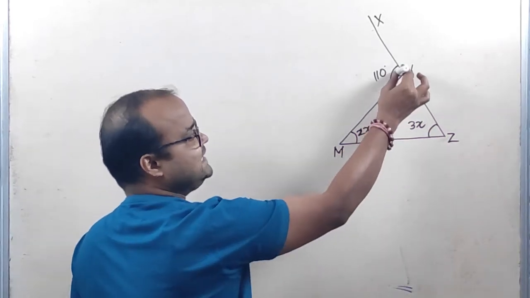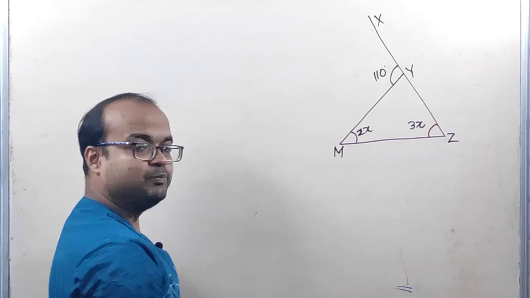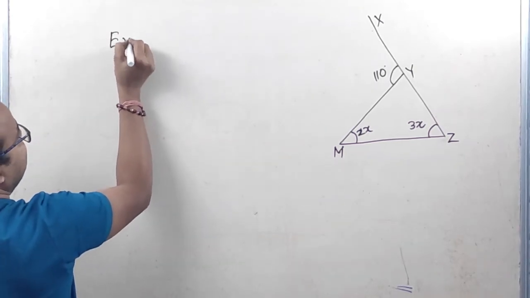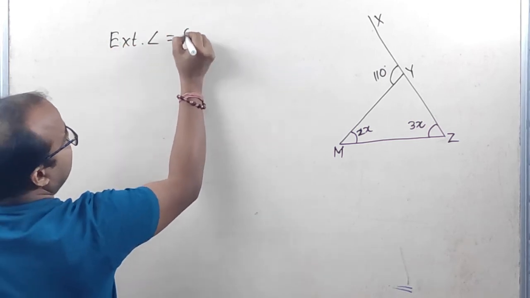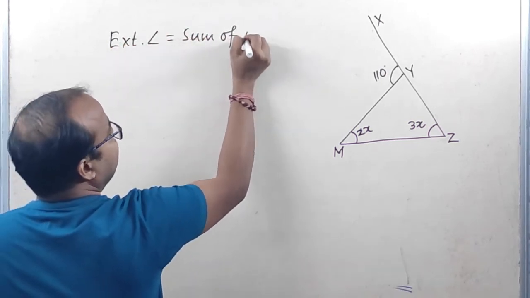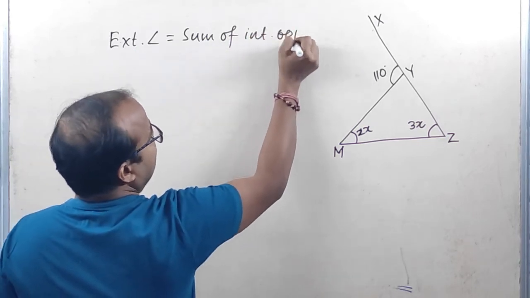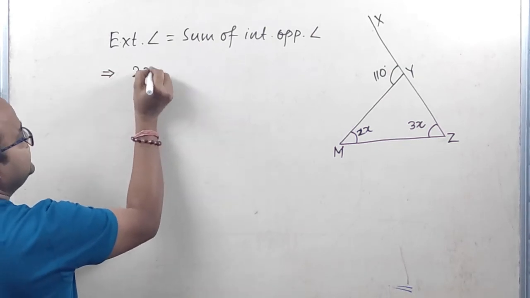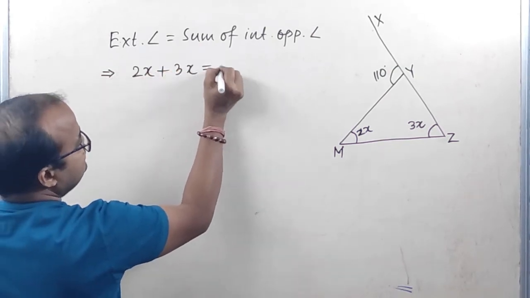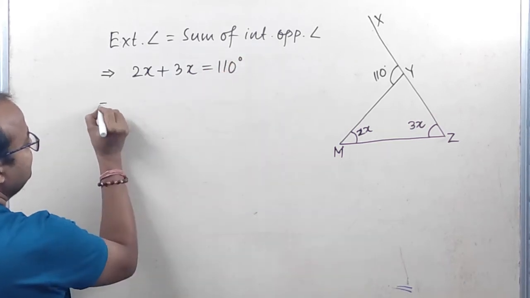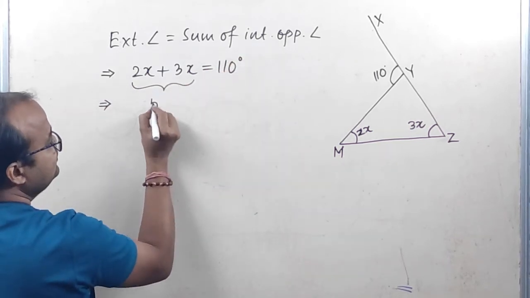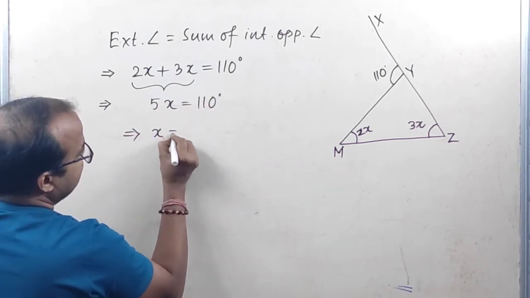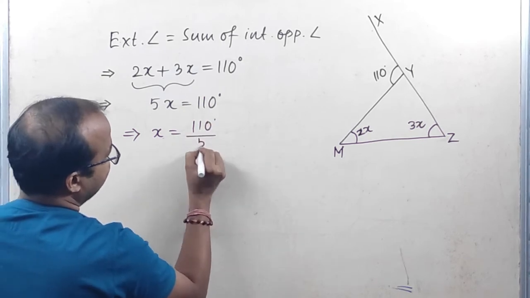So if you stand here, these are the internal opposite angles. So we can say that 2x plus 3x equals 110 degrees. 2x plus 3x is 5x, equals 110 degrees. It implies x equals 110 by 5.